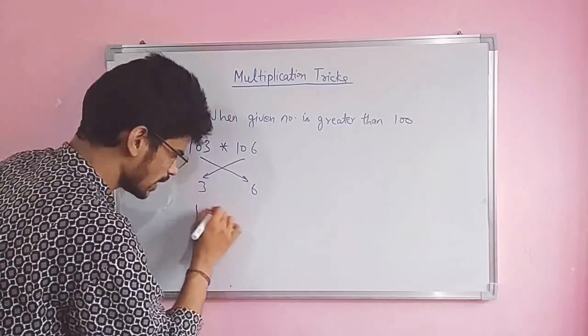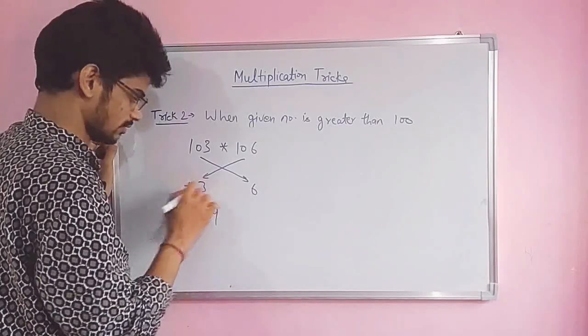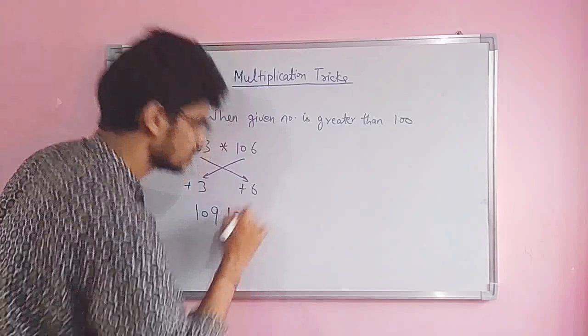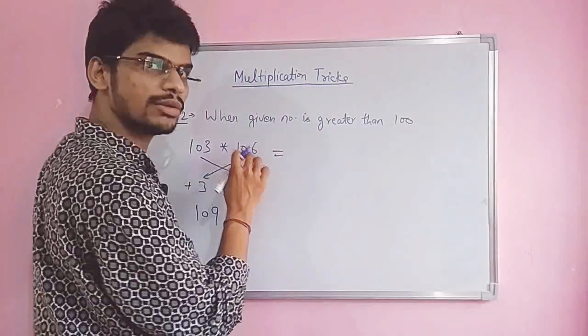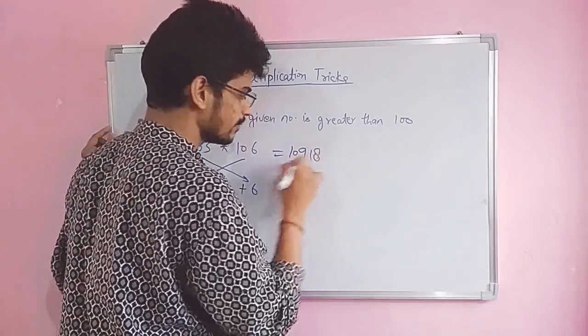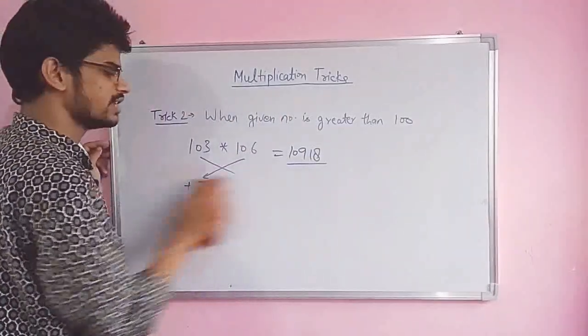Note down the 109. Next, multiply the digits: 3 multiplied by 6 is 18. So we get the multiplication of 103 multiplied by 106 as 10918. Let's see, we found it easily, within 2 seconds.